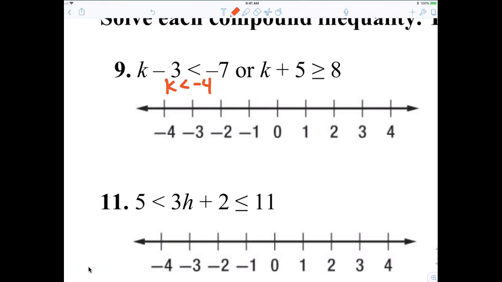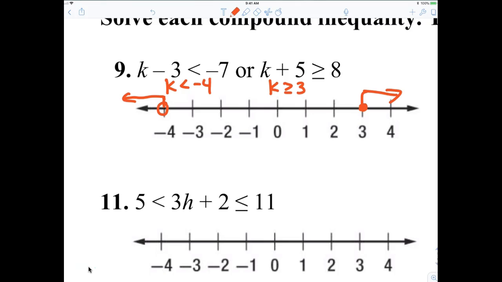Or, beautiful. Everybody happy with that? Yes. And now it's just graph it on the number line. So open circle going to the left, solid dot going to the right. Everybody good with that?